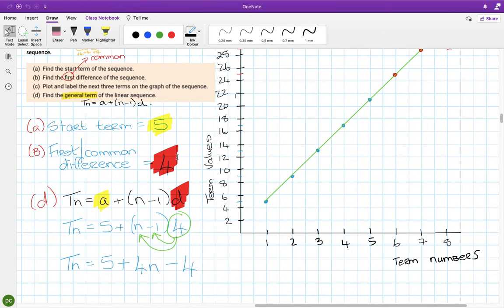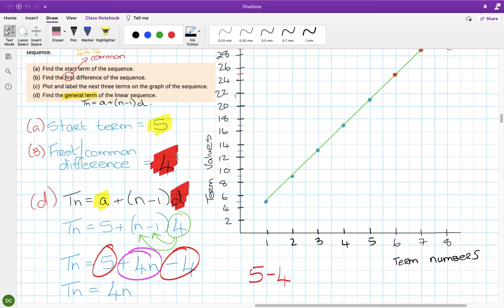Okay, and the last thing then is to add or subtract your families. So 4n is the only n there, so we just write it down because there's nothing to add it with. But these two, that sum can be done. So using your calculator, you can do 5 minus 4.